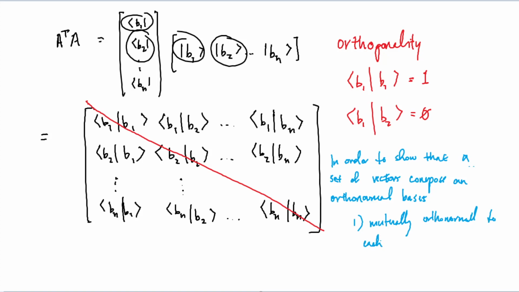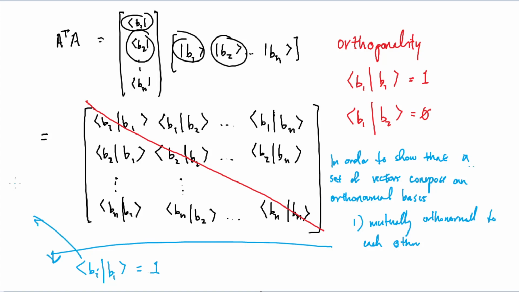And again, as we showed previously, this means that we are considering unit vectors because for any ket multiplied by itself, for any ket bi multiplied by the bra bi, this should be equal to 1, meaning that it's a unit vector. So for instance, if your vector is 0, 1, and you multiply it by itself, ideally this should sum to 1.